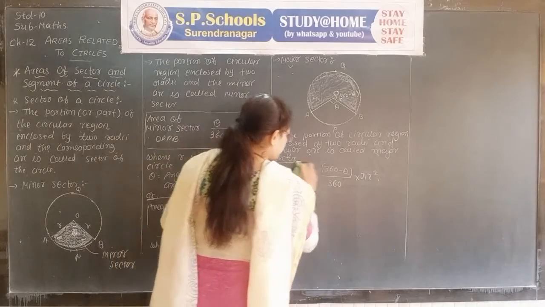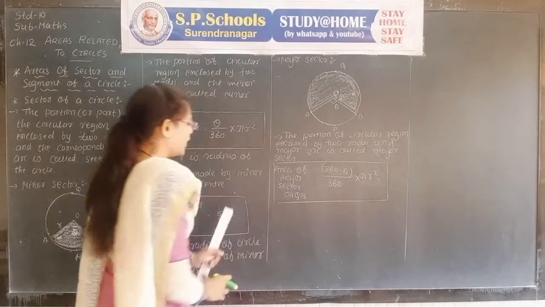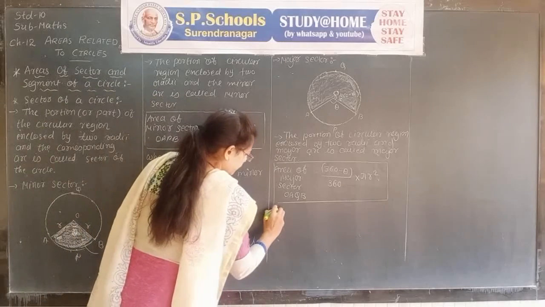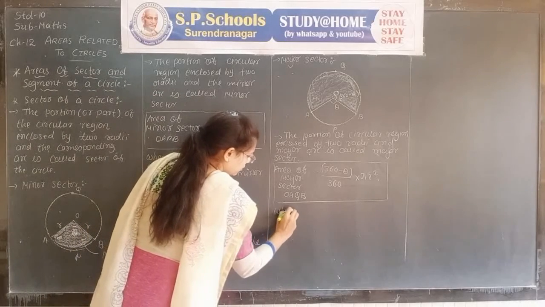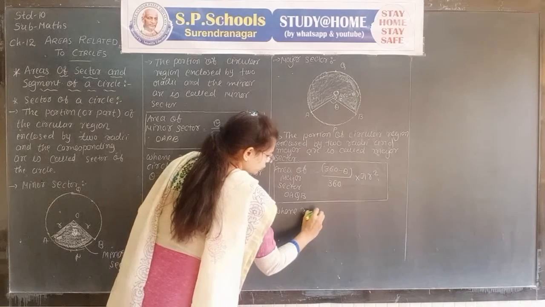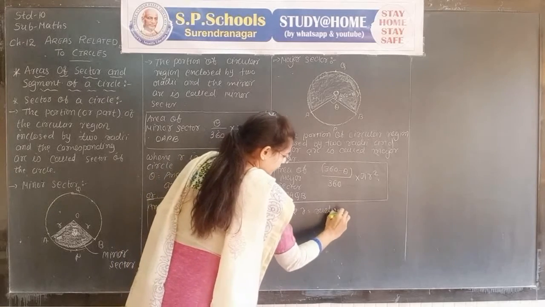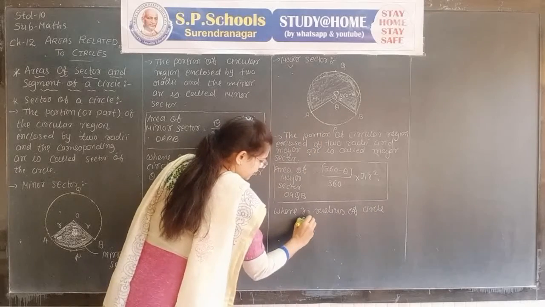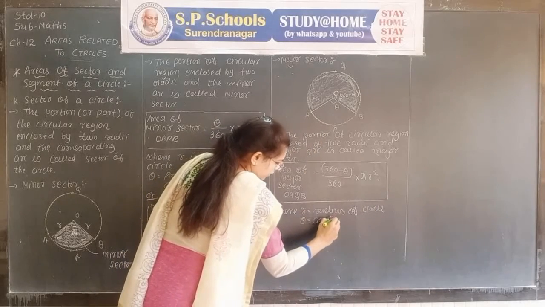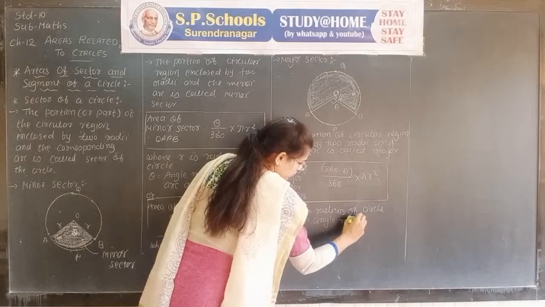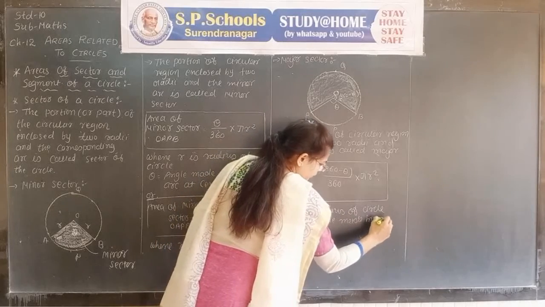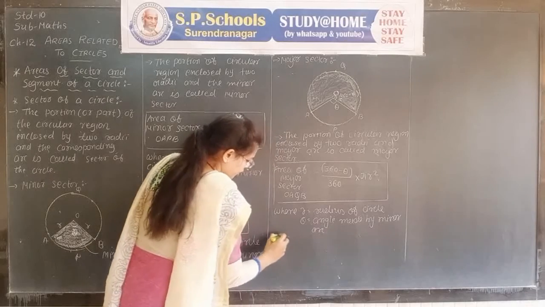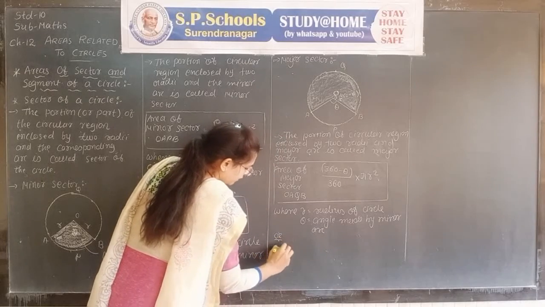It is important formula to find area of major sector, where r is equals to radius of circle, theta is equals to angle made by minor arc.